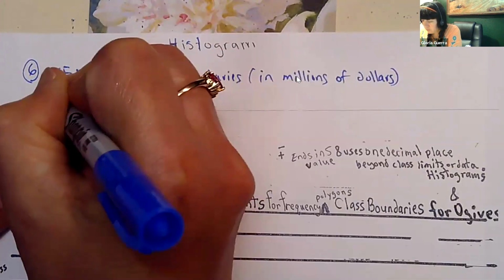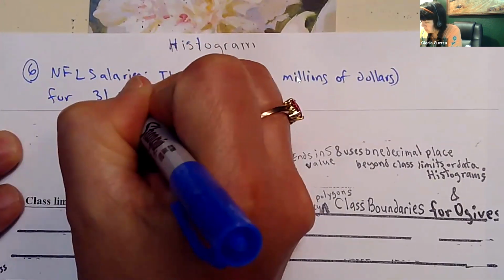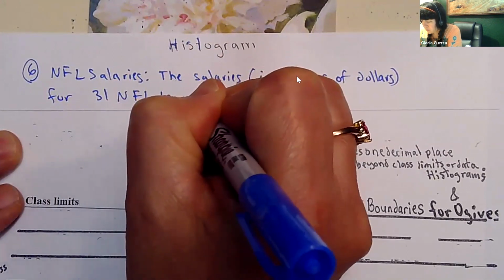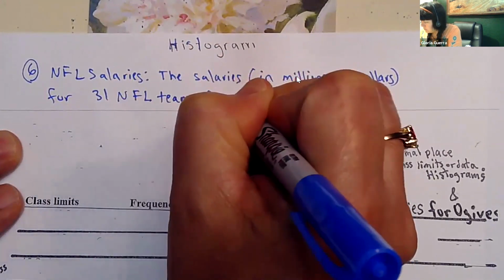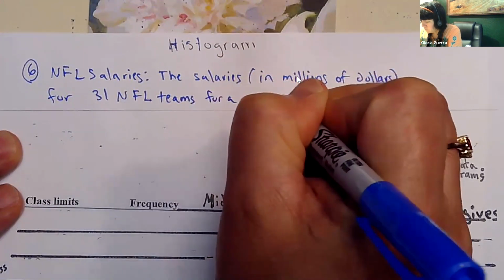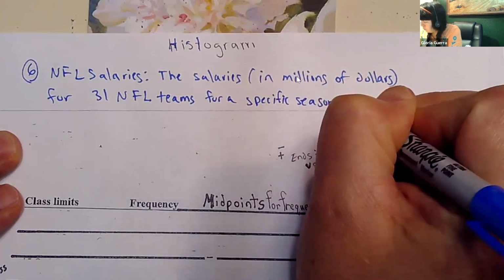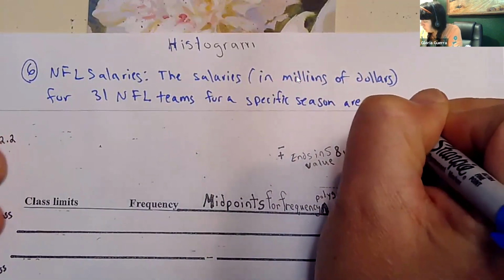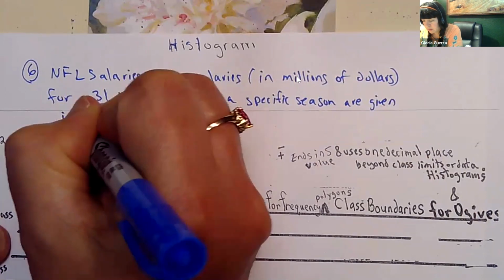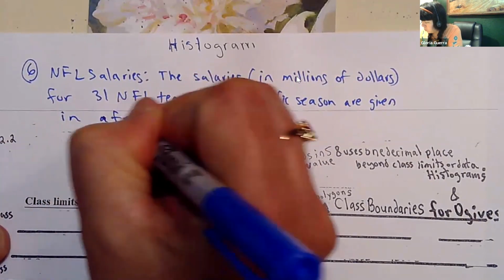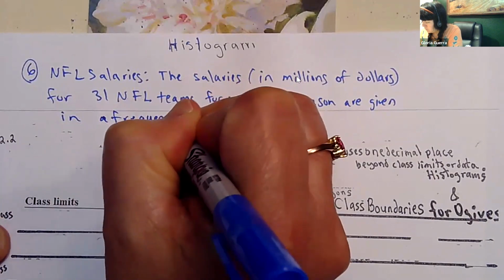And this is for a total of 31 NFL teams for a specific season. And these are given already in a frequency distribution.